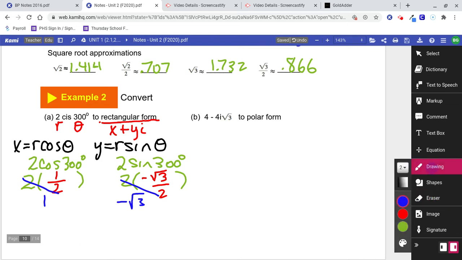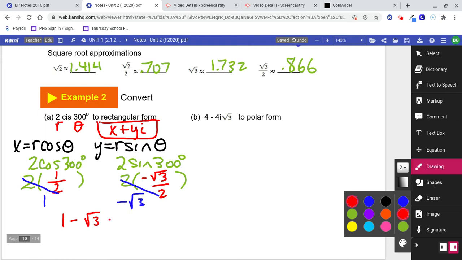Now, something to notice is, remember, we wanted x plus yi, so it looks like 1 minus square root of 3 i right there. That would be your answer. Your x number is 1. Your y number is negative square root of 3. Now, I will say this. Most of the time, people don't like the i written at the end.